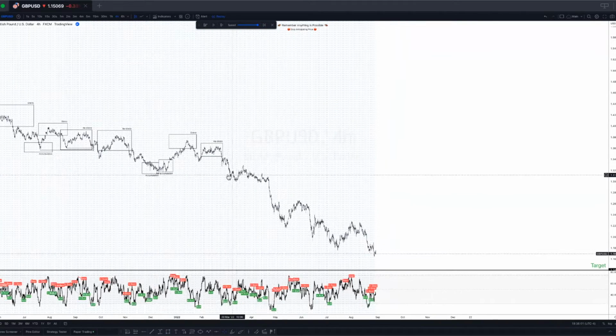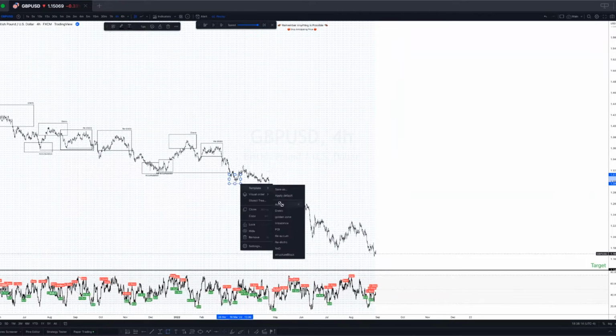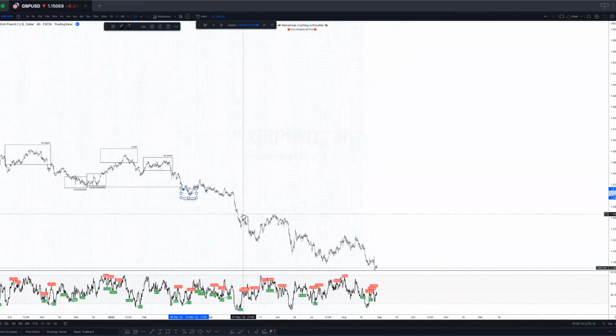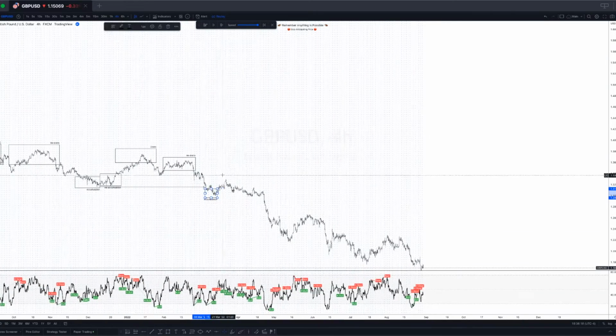Redistribution, end up breaking that accumulation overall right here. Broke that bad boy. When it broke, it accumulated here. When it accumulated, it just had no juice at all and just broke now. So it doesn't even matter.